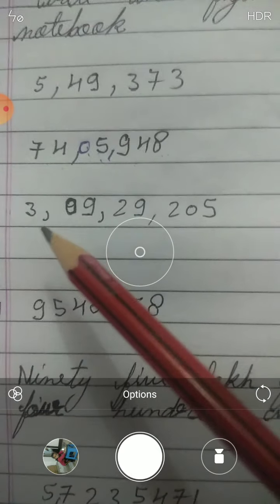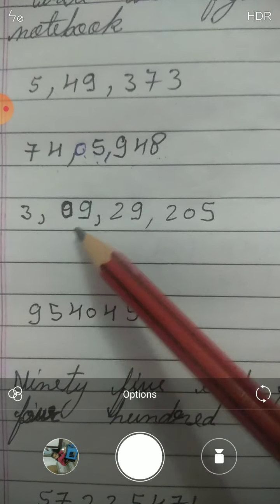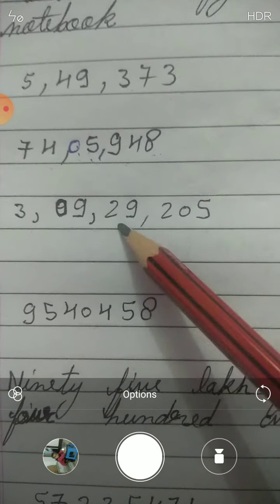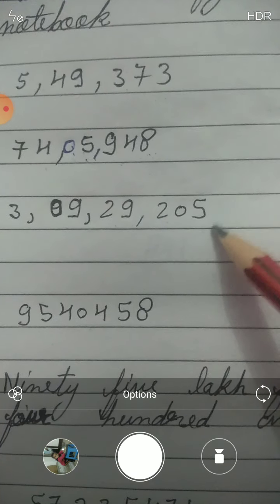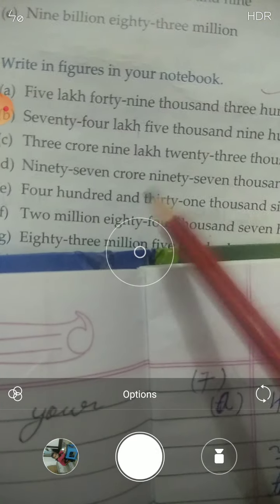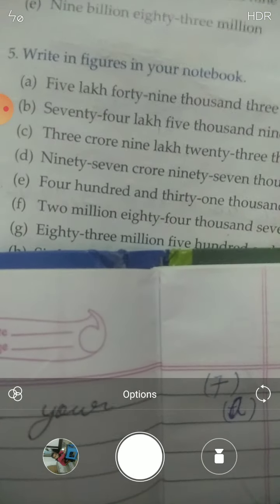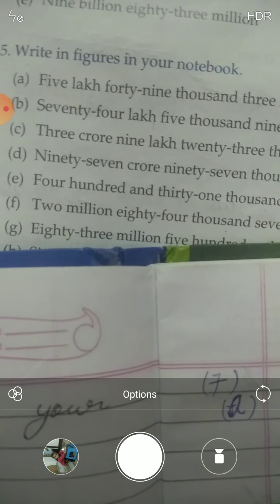Yes, C part, what is given? 3,09,23,205. How will you write this? Like this you will solve the rest of the part, student. You have to solve question number 5 in your notebook.